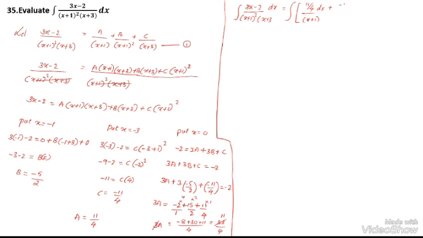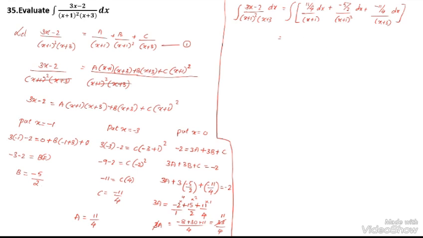That is minus 5 by 2 (x plus 1) whole square into x plus... what is the value of C? Minus 11 by 4 divided by x plus 3 into dx. Okay.